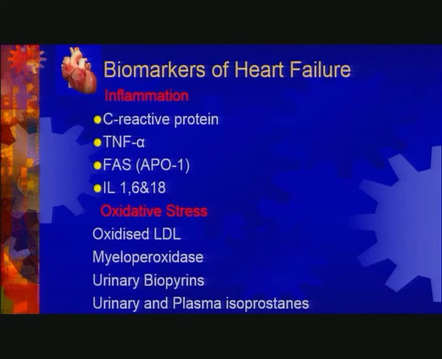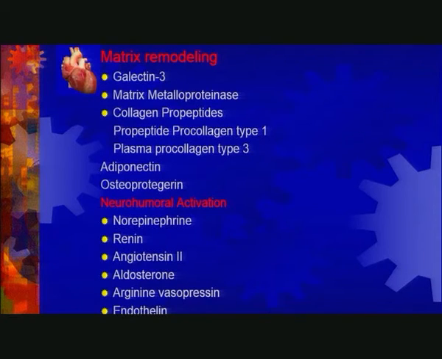And oxidative stress, where we have many markers, but these are oxidized LDL, myeloperoxidase, urinary biopyrrins, urinary and plasma isoprostanes. And matrix remodeling, which is very important, with markers such as galectin-3, and for galectin-3, I will share with you local experimental work on animals, done in my lab in UAE University College of Medicine.